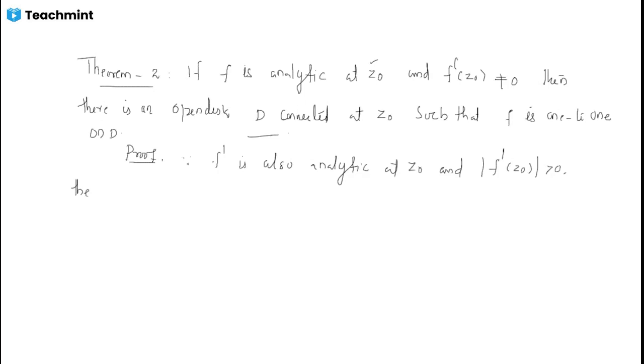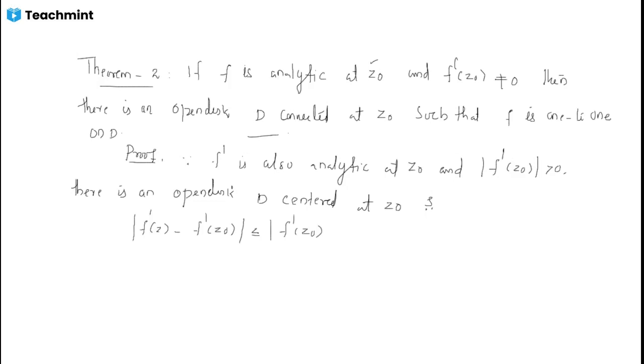The reason is that this is a theorem: there is an open disk D centered at z0 such that f' is analytic, and the distance between the derivative at the two points, mod f'(z) minus f'(z0), is less than or equal to mod f'(z0) by 2.